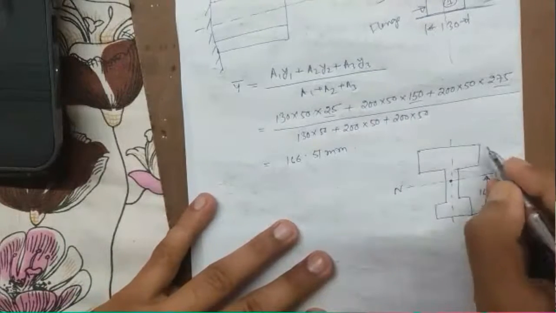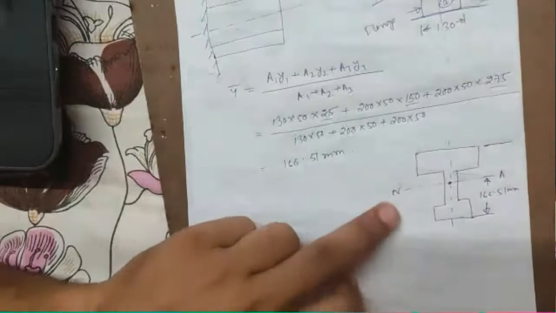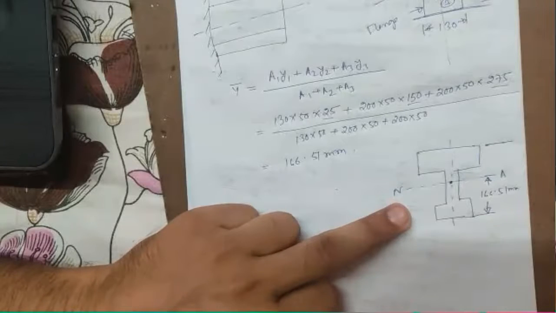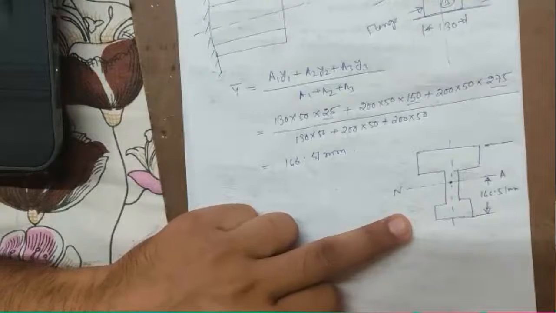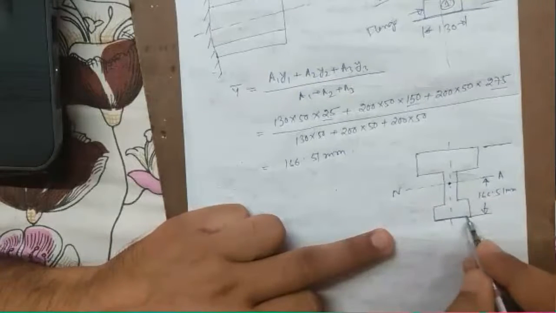millimeter. Now we know that maximum stress occurs at the maximum y. So in this case, because this is an unsymmetrical section, y1 is at a distance of 166.51, which is at the bottom layer.